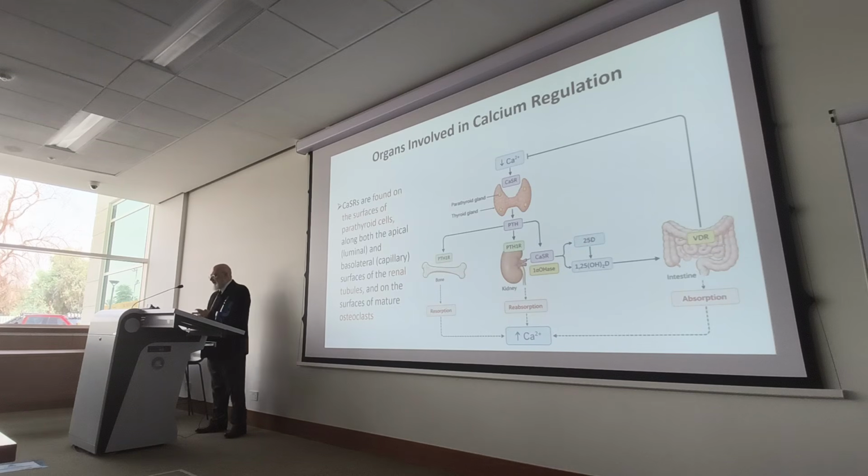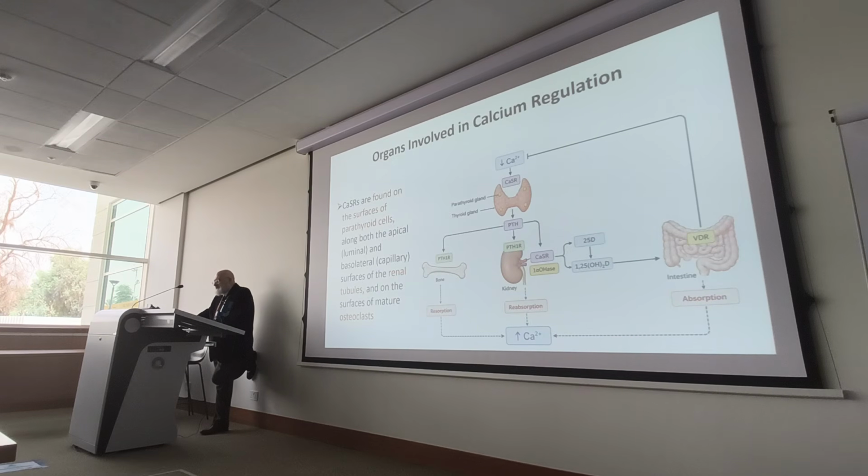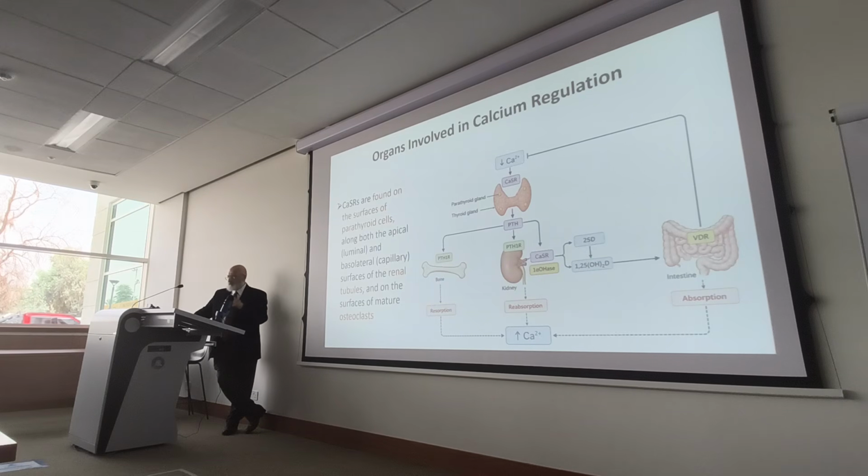so how is calcium regulated? We have something called calcium sensing receptors that tell us the level of ionized calcium in the blood. These are distributed on multiple organs. They exist on the parathyroid gland chief cells. They also exist in the kidney and on the osteoclasts on the bone surface.